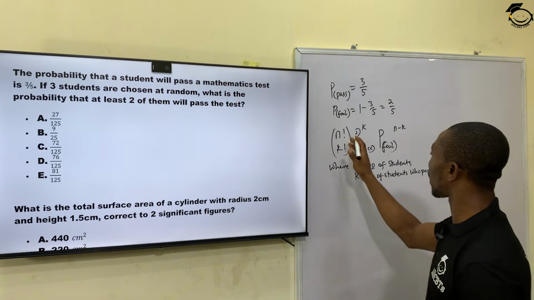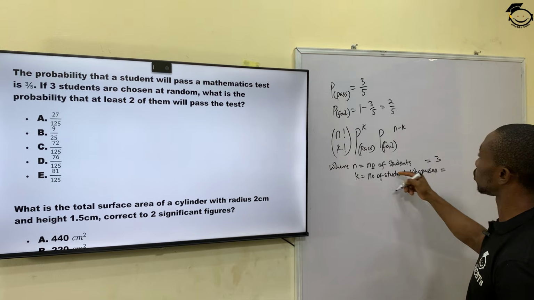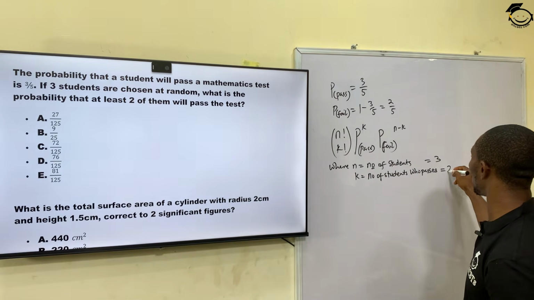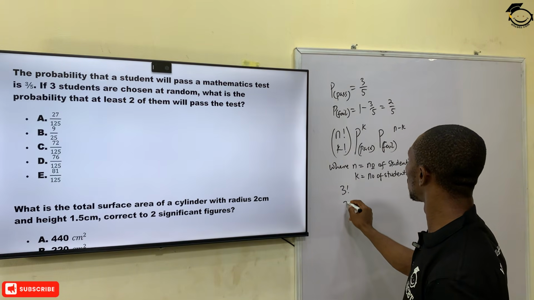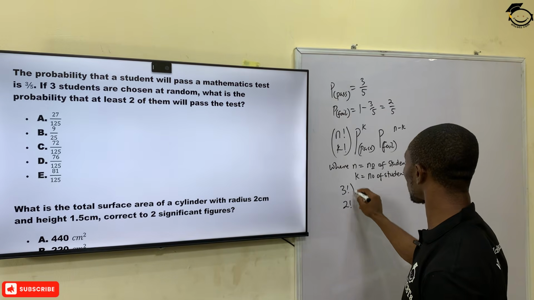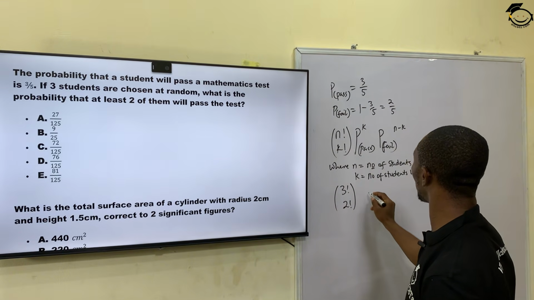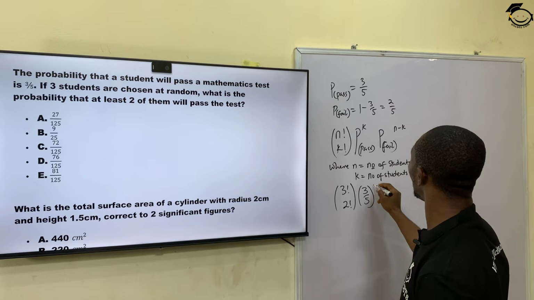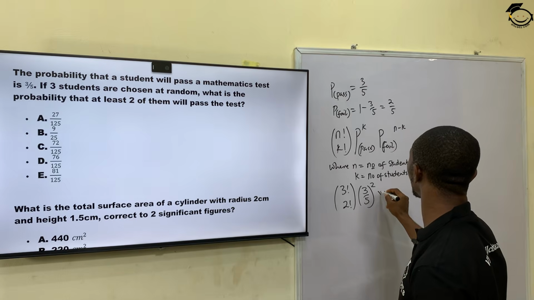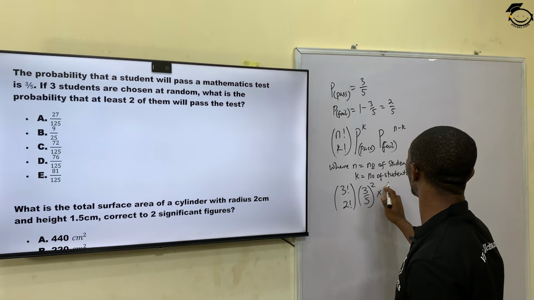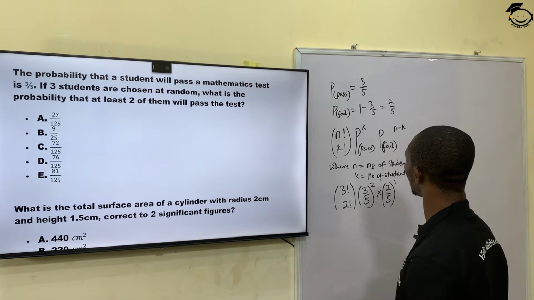All right, now applying this rule, we have our number of students to be 3, and our number of students who pass at least will be 2. So for this, we are going to have 3 factorial over 2 factorial, times the probability of those that pass, 3 over 5, to the power 2, times the probability of those that failed, 2 over 5, to the power 3 minus 2, which is 1.